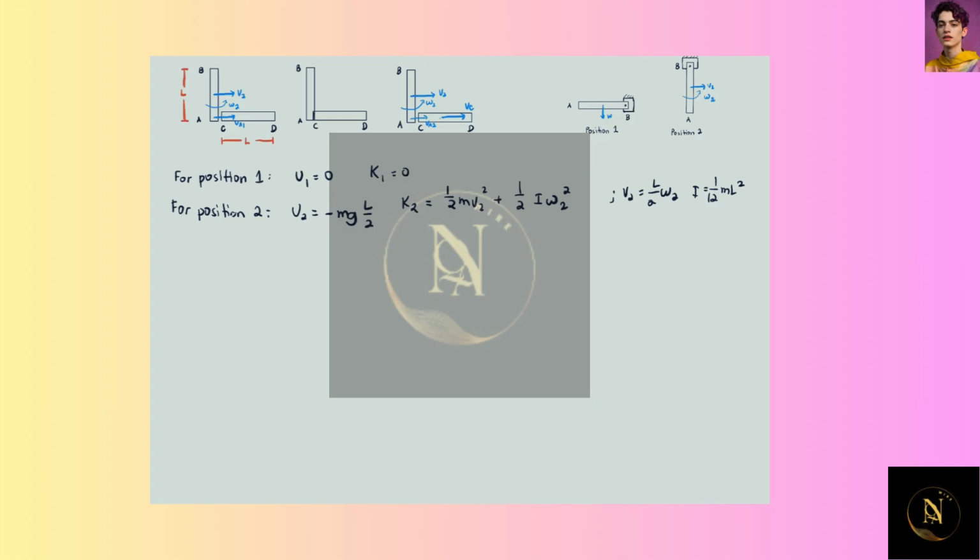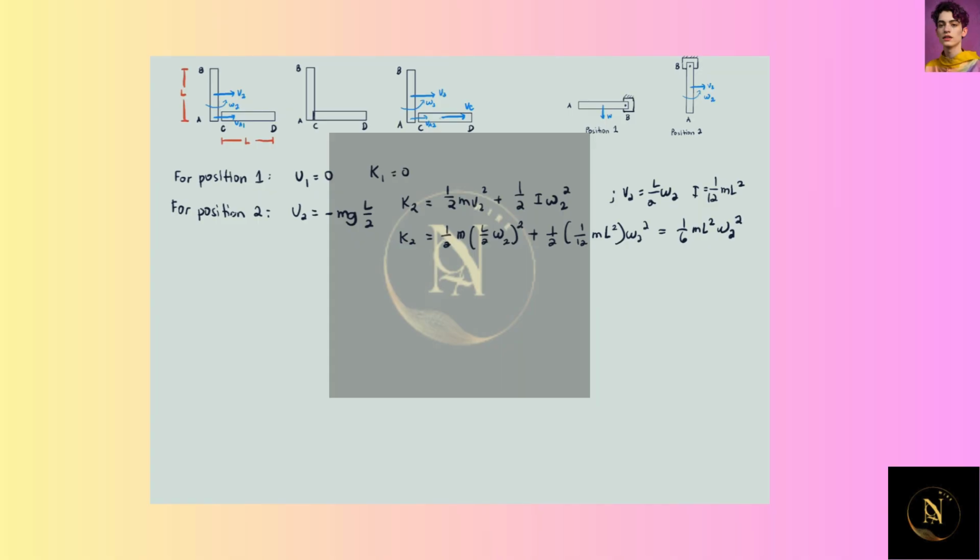K2 now becomes 1/2 m (L over 2) squared omega 2 squared plus 1/2 times 1 over 12 m L squared omega 2 squared. Simplifying this, we get 1 over 6 m L squared omega 2 squared.